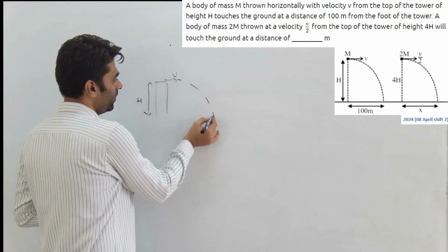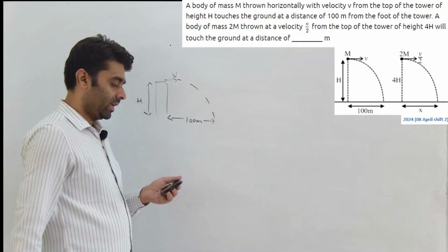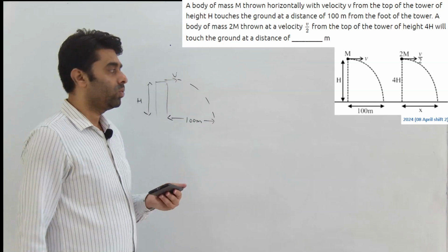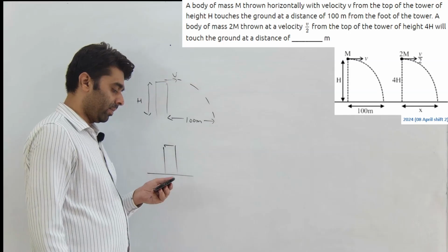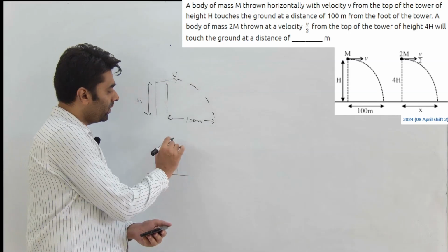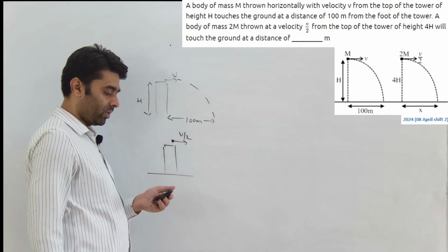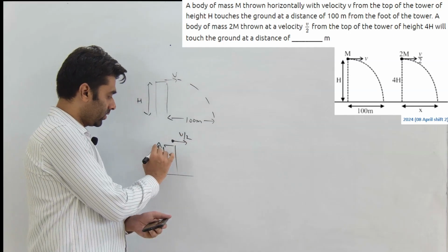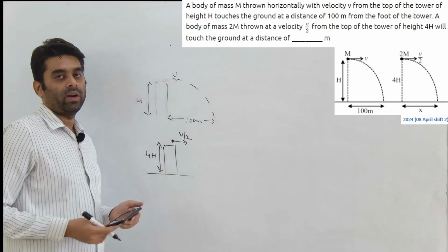That means the range in the first case is 100 meter. Next, a body of mass 2m is thrown at a velocity v by 2 from the top of a tower of height 4h. It will touch the ground at a distance of?